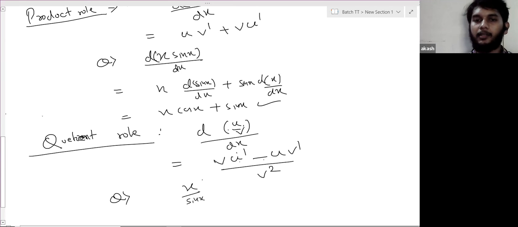To solve this question, x upon sine x, you have to differentiate this. All right, I'll give you 1 minute for this also.